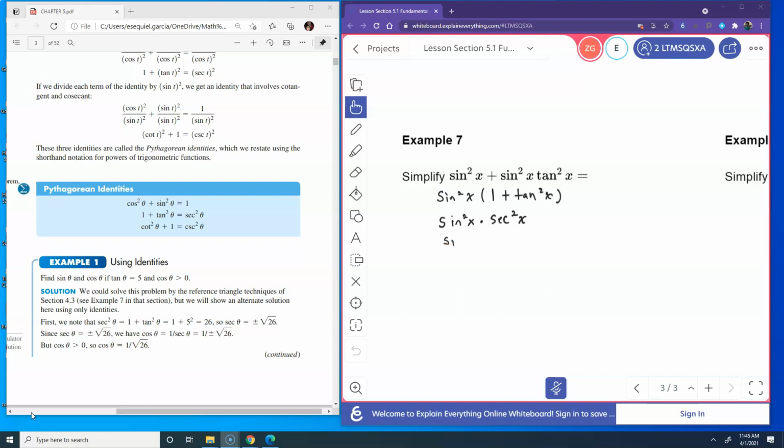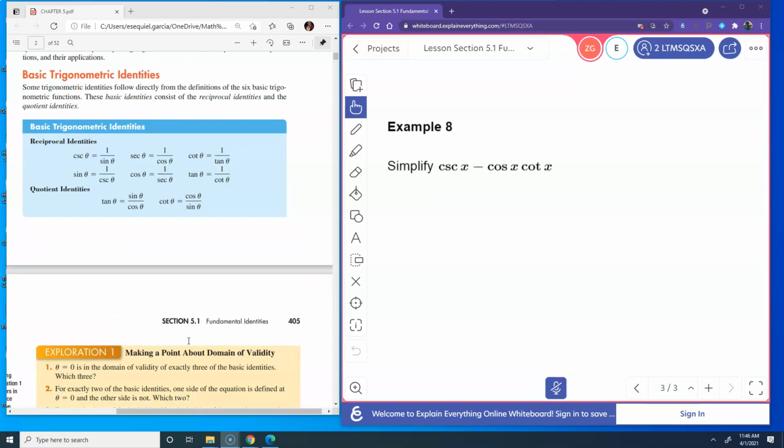So we have sine squared x times, that's a reciprocal, so it's going to be 1 over cosine squared x. So what you have is sine squared of x over cosine squared of x. Sine over cosine is tangent, so it's tangent squared of x. So that's what it simplifies to.